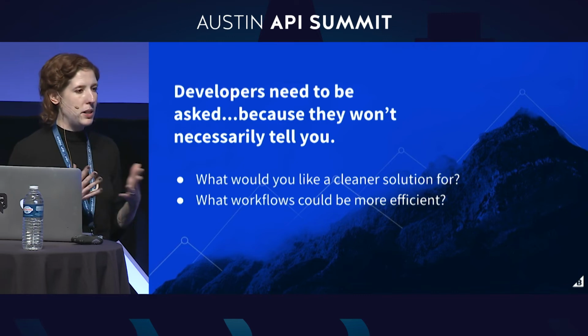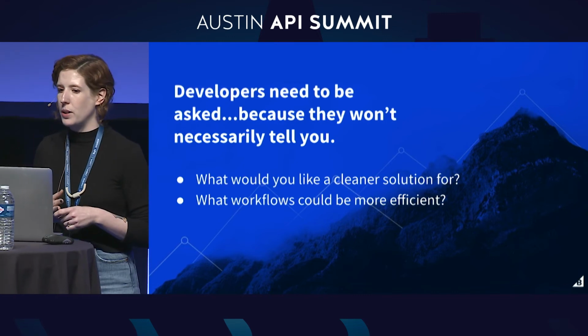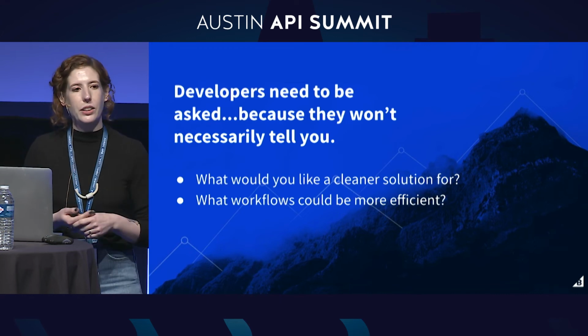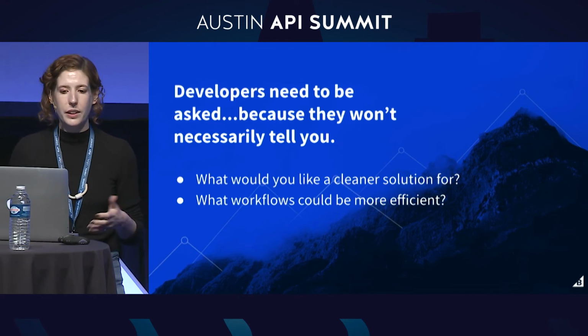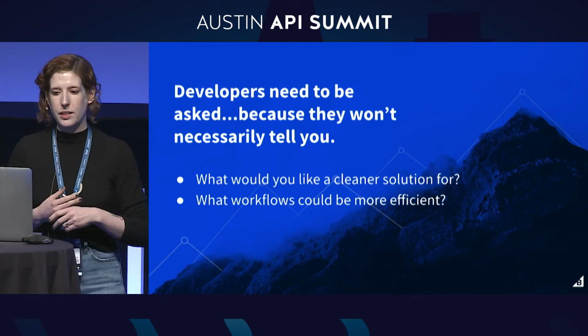So you really have to be direct and actually ask the question: what are the things that you're doing now that you would like to have a cleaner solution for? What are the workflows that you have in place that could be even more efficient? It's not enough to just have a solution for a problem. You have to ask, is it a good solution? And could we as a platform make it even better?